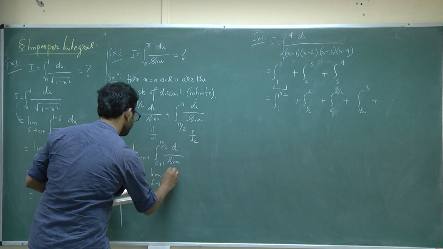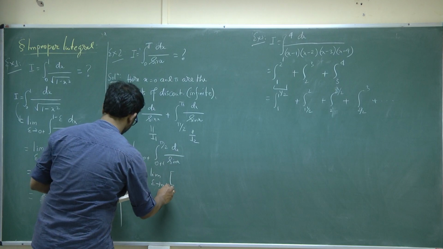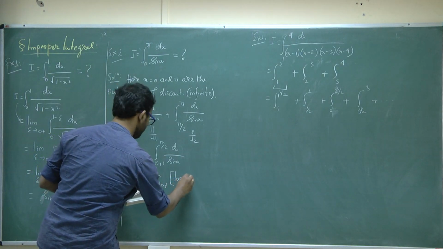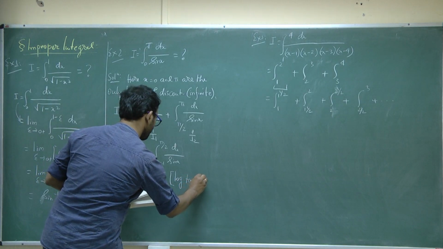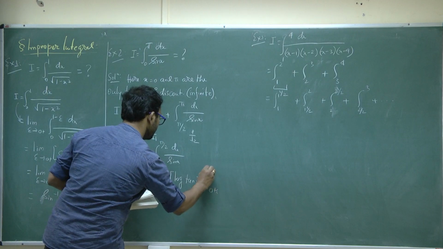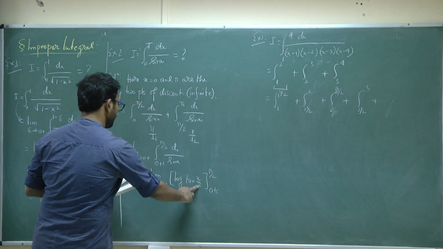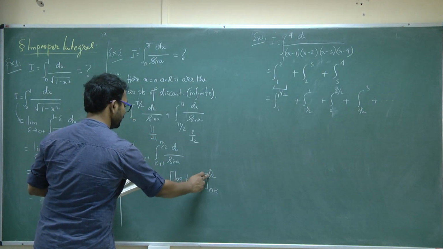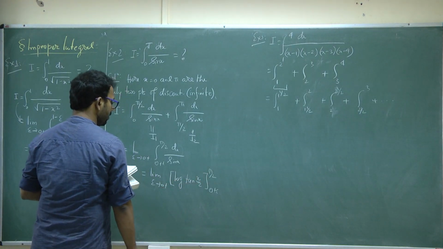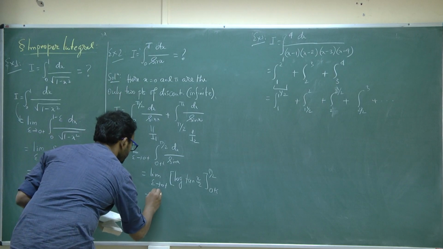So this will reduce to log of mod tan x by 2, integral from 0 plus epsilon to pi by 2. Now tan pi by 2 by 2 will become tan pi by 4, so log tan pi by 4, and log tan 0. Let me just write them separately.